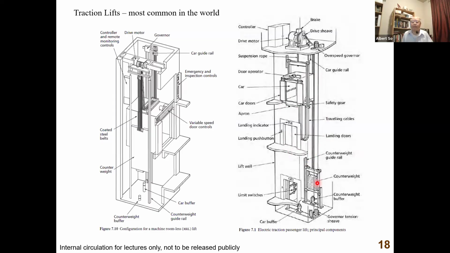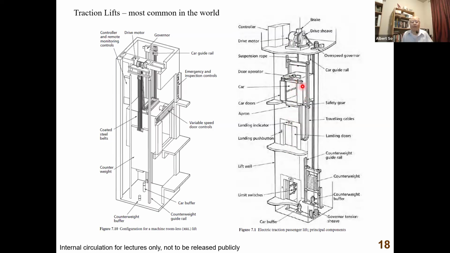Now, but the most important function is to reduce the torque exerted by the motor. If you don't have the counterweight, when the motor tries to drive the lift car upward, the torque will be how much?